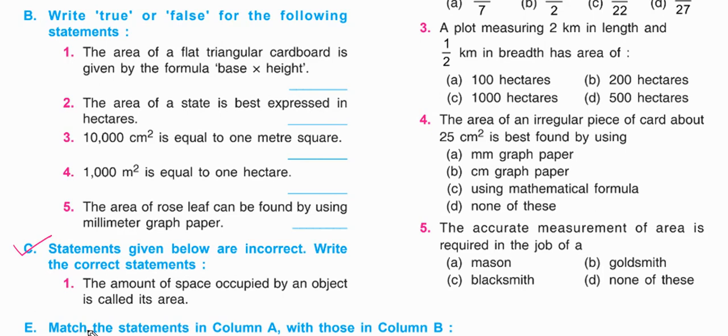Beta, the amount of space, no. Actually, it should be the amount of surface occupied by an object is called its area. And we make also another correction. The amount of space occupied by an object is called its volume. We can also write volume. Both the corrections will be considered as correct corrections. I hope this concept is clear.